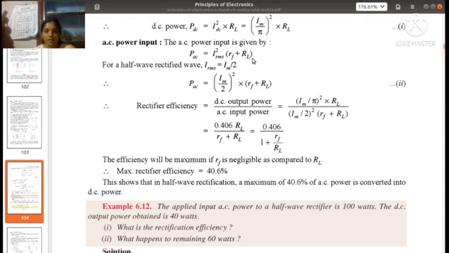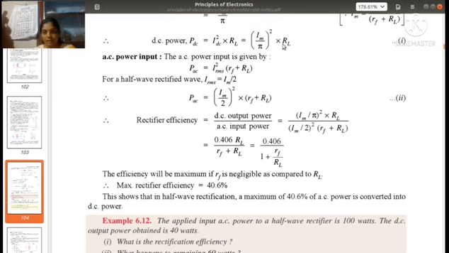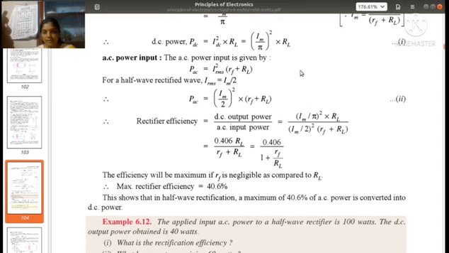So we have got the two terms, DC power and AC power. The rectifier efficiency is equal to DC output power to AC input power, which is nothing but Im by pi whole square into RL divided by Im by 2 whole square into Rf plus RL.